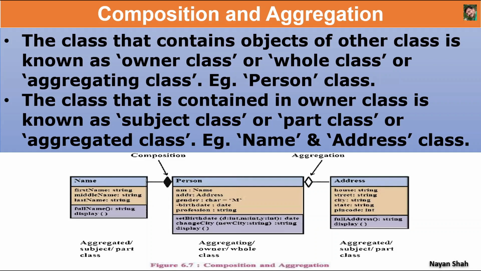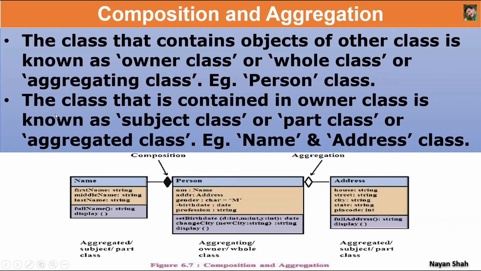So once again, the class that contains object of other class is known as owner class or whole class or aggregating class. For example, person class. Person class contains the object of other class like name class and address class. So that person class is called owner class, whole class or aggregating class.